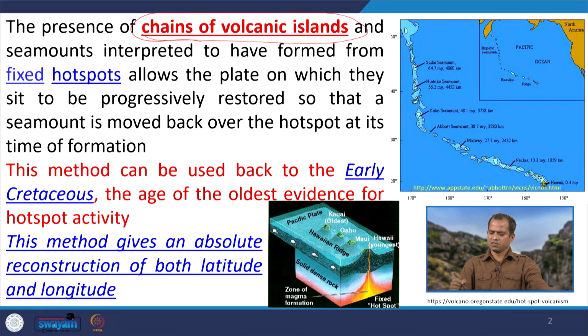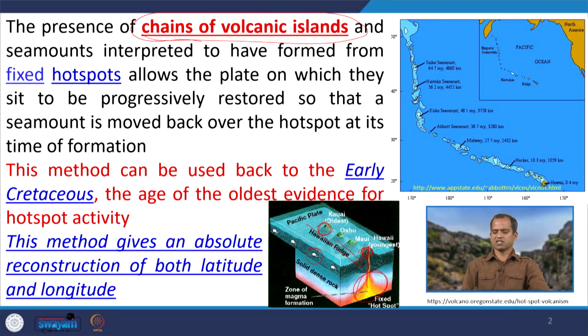This is the hotspot, the magma is generating and puncturing the lithospheric system, and finally we get a volcanic island here. If you go in this way, this arrow means the plate is moving. So this is the oldest one, and gradually it becomes younger and younger, and this is the newest one.